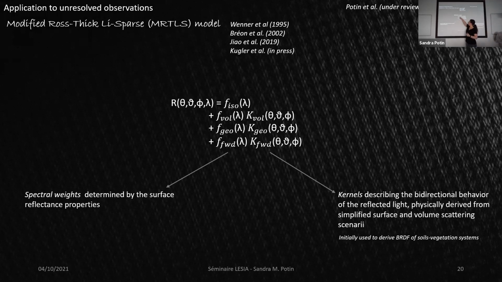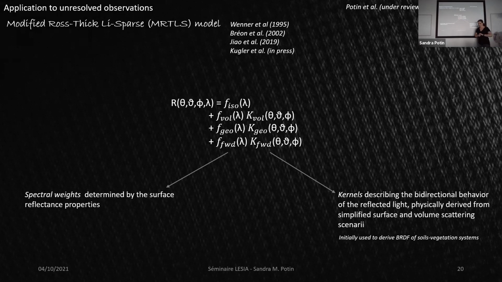And we have here some terms that are spectral weights. So they're just spectral factors that are determined by the surface reflectance properties. And inverting a full BRDF with this model is only to find the right configuration between these weights. So it's much faster to invert a BRDF using this model. It's easier than using the APKI model.